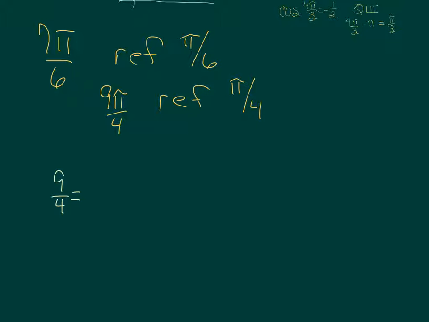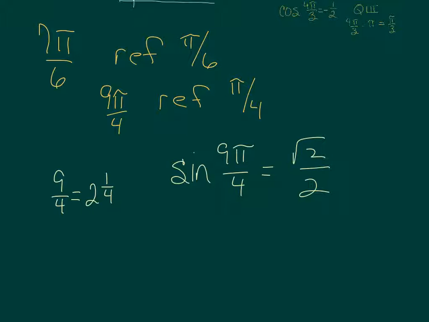We get 2 and 1/4. Okay, so that's 2 pi plus 1/4 pi. So what quadrant are we in? Quadrant 1, so if I wanted the sine of 9 pi over 4, it's just the square root of 2 over 2.